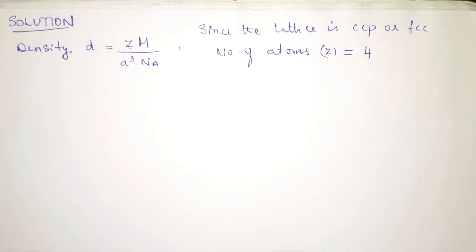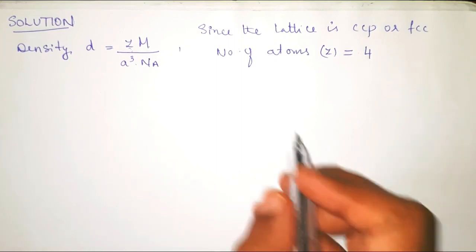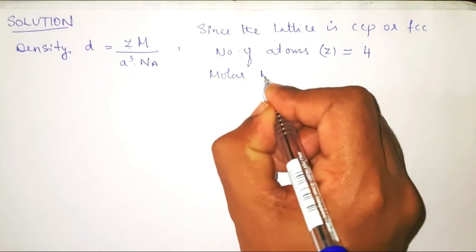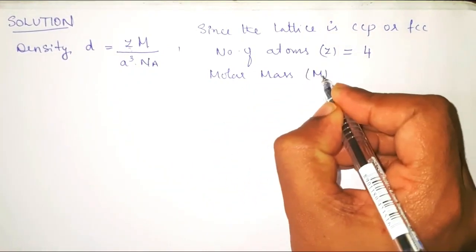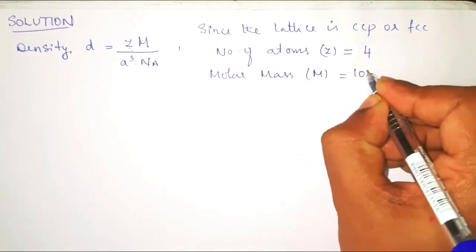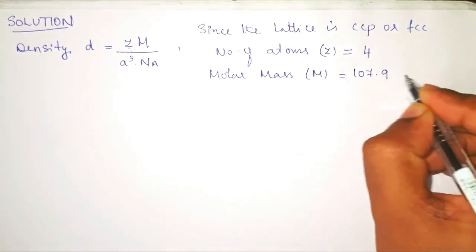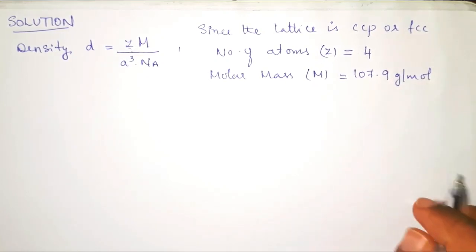If you take 1 mole of a substance, then the atomic mass in U, that is unified mass, is numerically equal to the molar mass in grams. So you can write molar mass, capital M, equal to 107.9, same as the atomic mass, gram per mole. When you write the unit, it is molar mass.